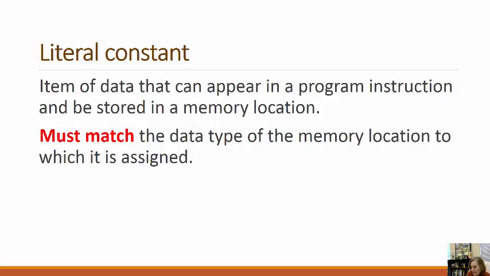So a named constant is a variable that's not going to change. But a literal constant, of which there are two types, is that initializing amount that you use when you're initializing variables. So it's an item of data that can appear in a program instruction and be stored in memory, and they have to match the data type.